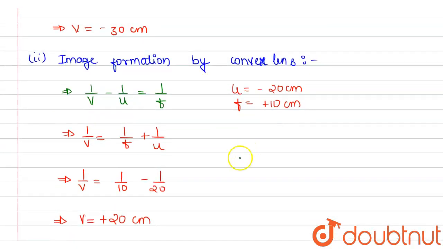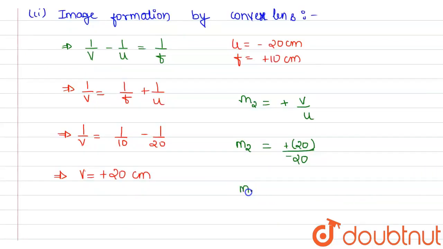And m2 will be v by u. Because it is the case of a lens, it will be plus v by u. Our v is 20 centimeters, which is positive, and u is minus 20. So m2 will be minus 1.